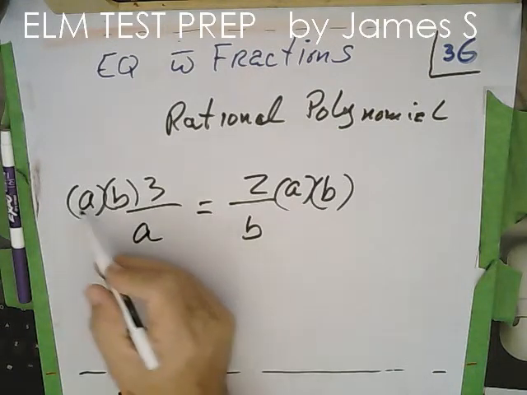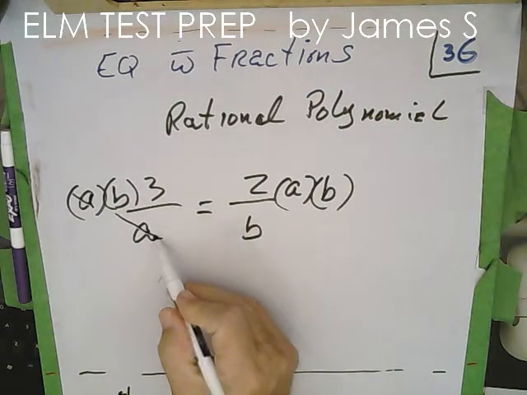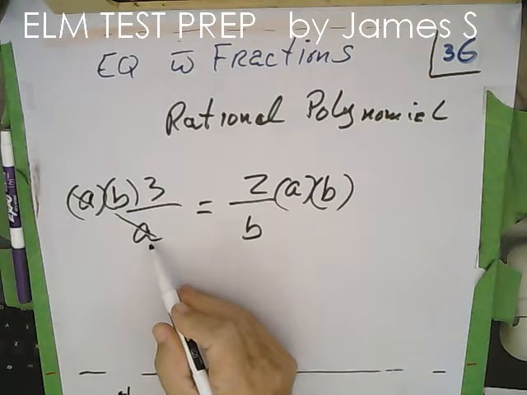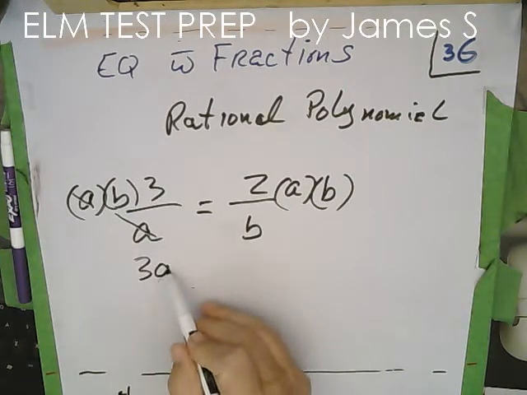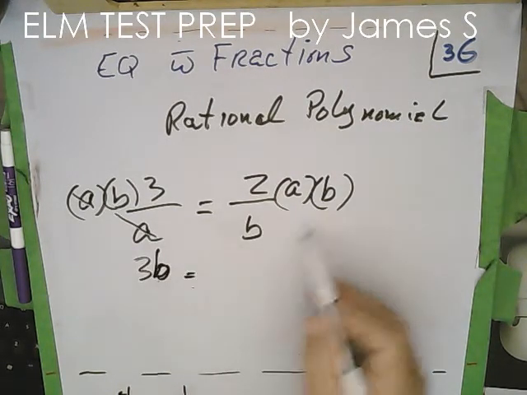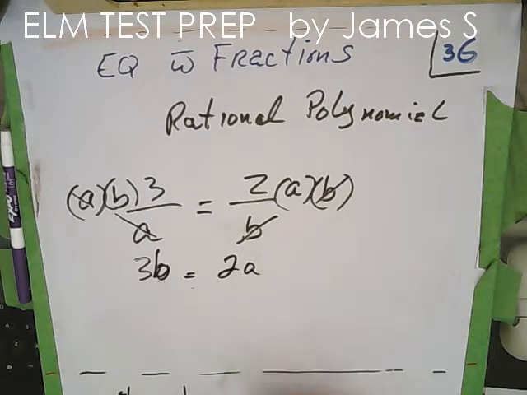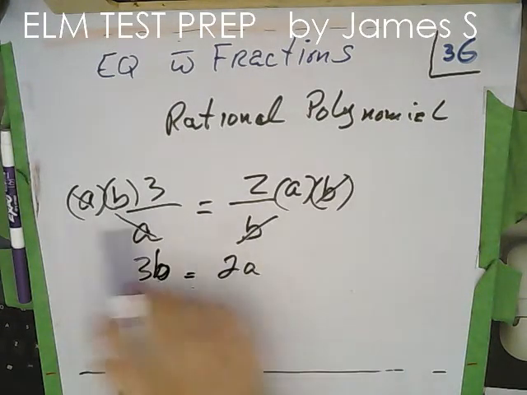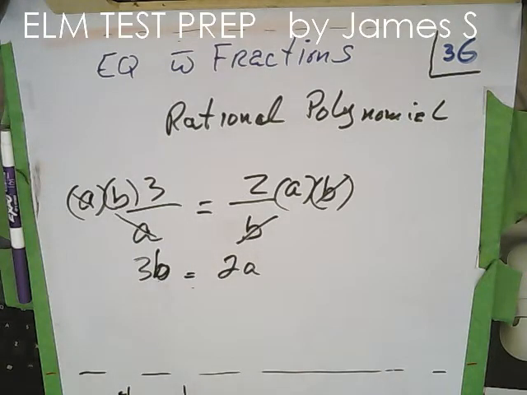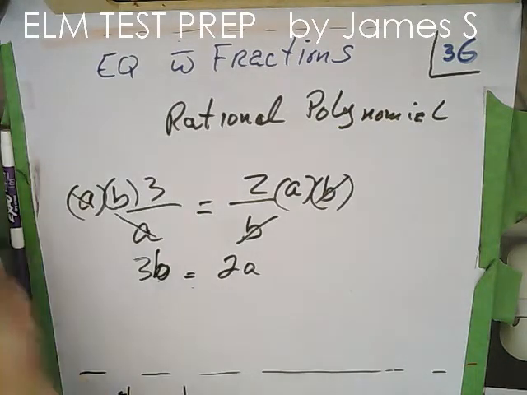Over here, the a will cancel the a, because a over a is just 1, and I'll be left with 3b on this side. Over here, the b's will cancel, leaving me with 2a. We are doing the same thing to both sides, and by doing that, we remove our denominators. It's no longer a problem involving fractions.